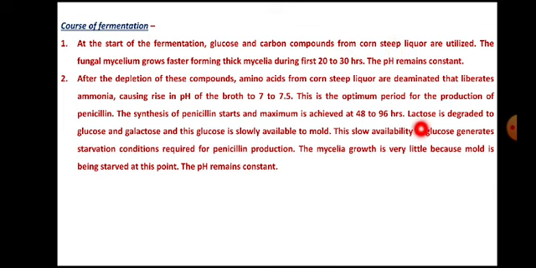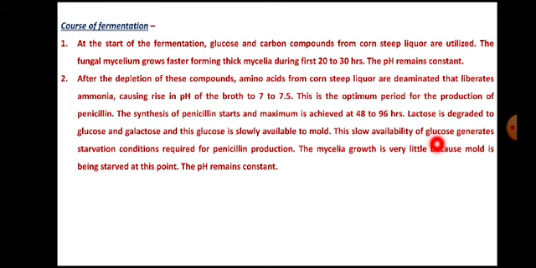In this phase, there is utilization of lactose, which is accompanied by the production of penicillin. Lactose is a disaccharide and it is degraded to glucose and galactose. Then this glucose and galactose will be further metabolized by the mold. Obviously lactose is slowly metabolized.